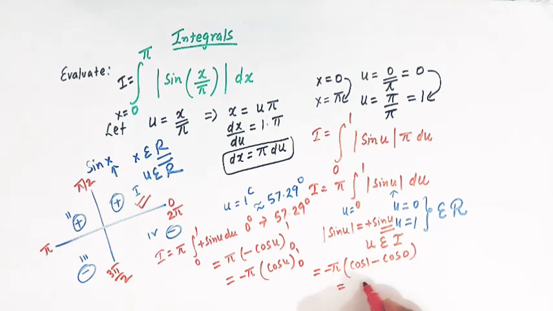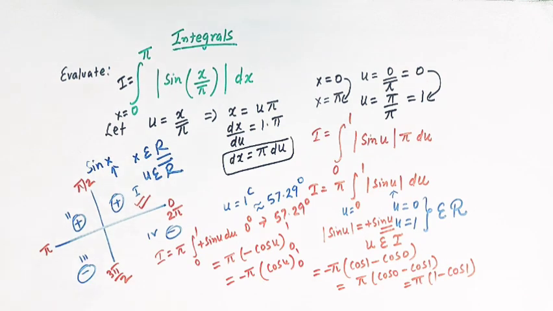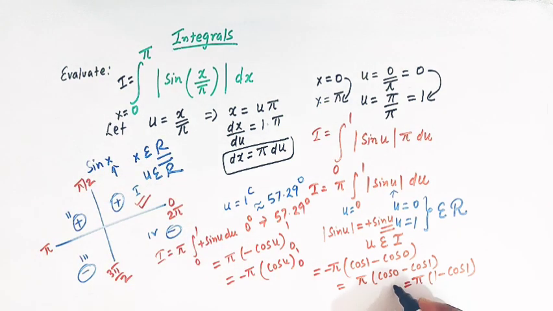Multiplying by the negative sign, we have cos of 0 minus cos of 1, so this is pi times (1 minus cos of 1). So the value of this integral I is pi times (1 minus cos of 1).